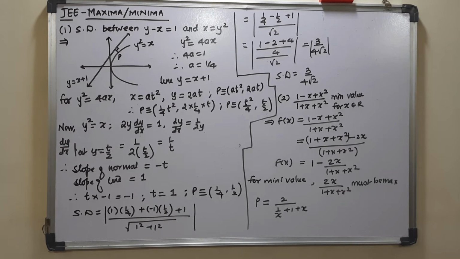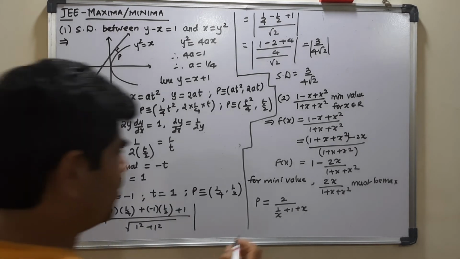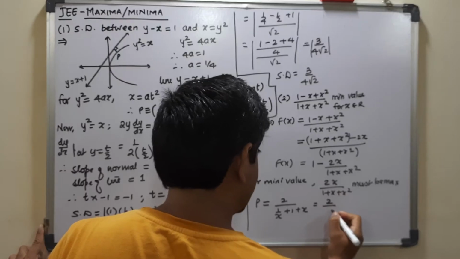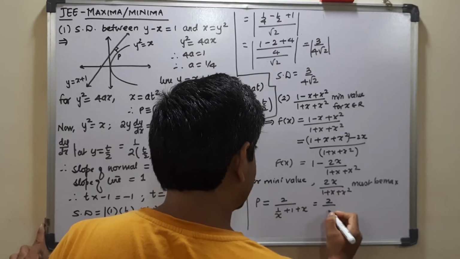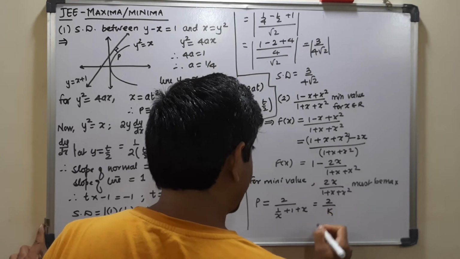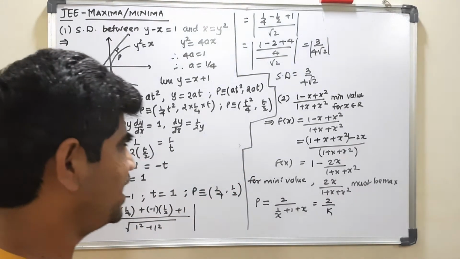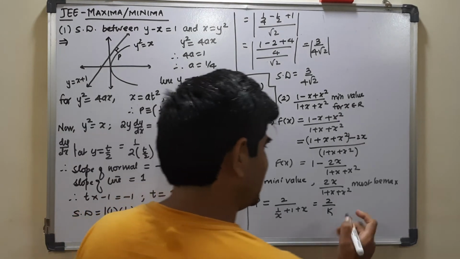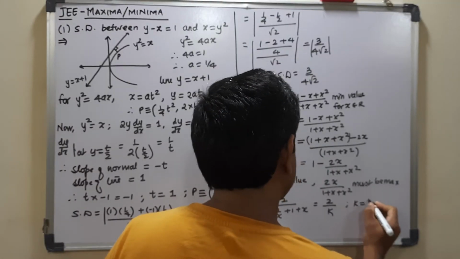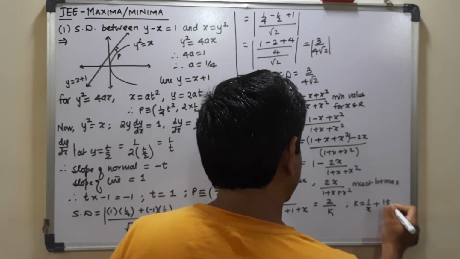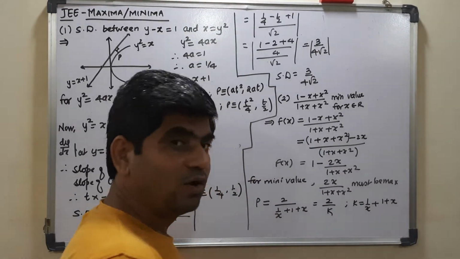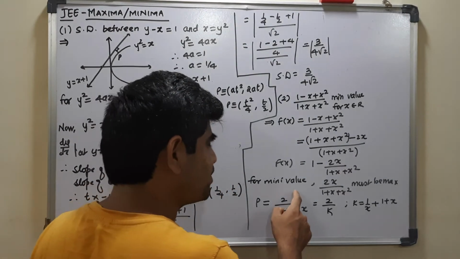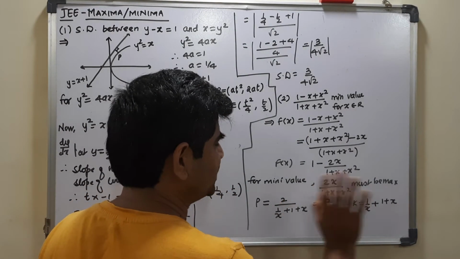So for common writing I will say that this is 2 by something called k. Okay, it means that k is your 1 by x plus 1 plus x. I can write here that k is your 1 by x plus 1 plus x. Now let me use logical understanding. This p I want maximum.